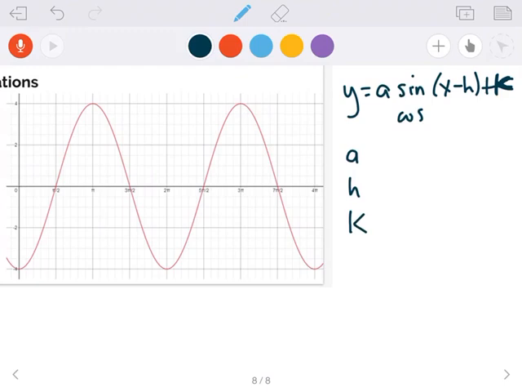One thing that's nice is that the a value and the k value are the same no matter which equation you're going to write, sine or cosine. So let's start by looking at those.